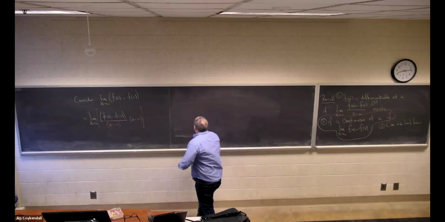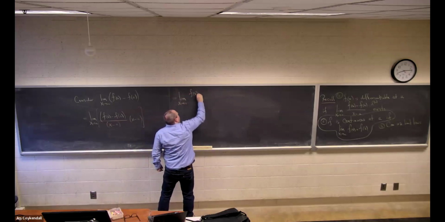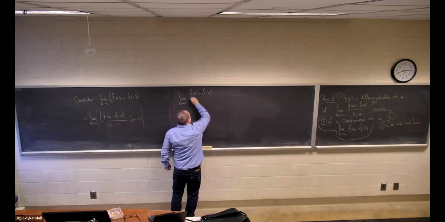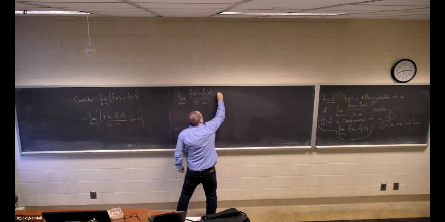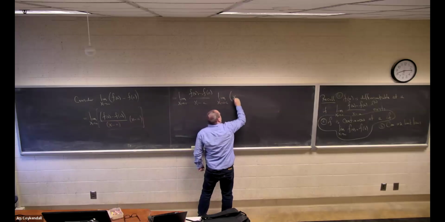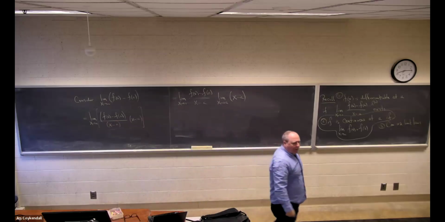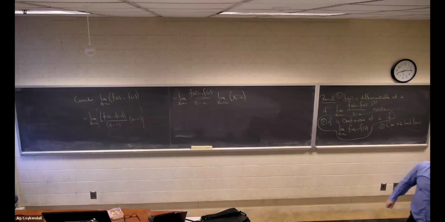I'm going to write my next step. Boy, I'd really like to write this. Can anybody recall from the old days of calculus? So what did I do? I took this big blob limit and I split it up into two smaller limits.